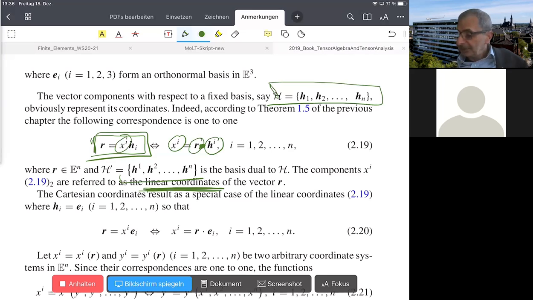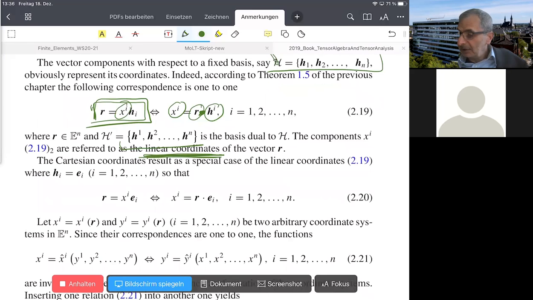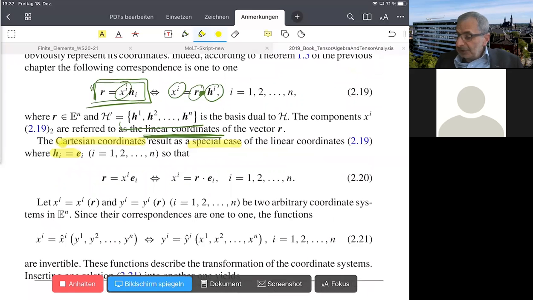And by the way, we come now to a very useful and well-known example, namely Cartesian coordinates. Cartesian coordinates are a special case of linear coordinates when we set this basis to be an orthonormal basis, right? So we represent our arbitrary vector r with respect to this orthonormal basis, and these are our Cartesian coordinates xi in this case.